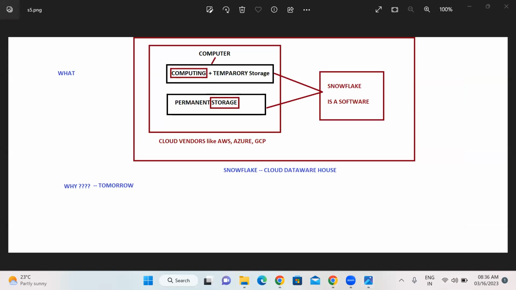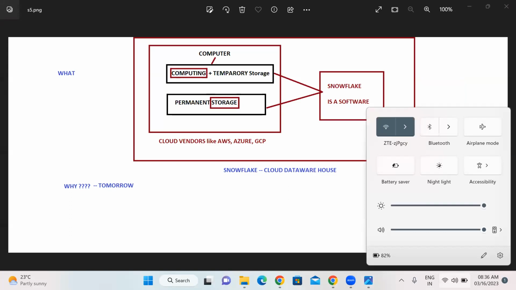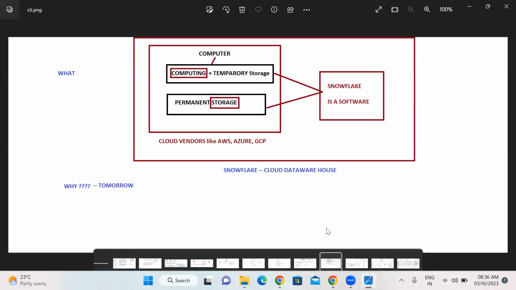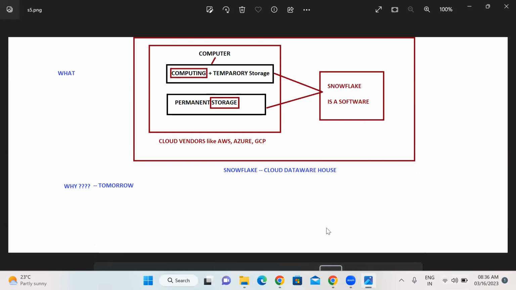A computer is going to process either data or any application. CPU, RAM, storage. Okay. This is the question we got in third standard, fourth standard, second standard.